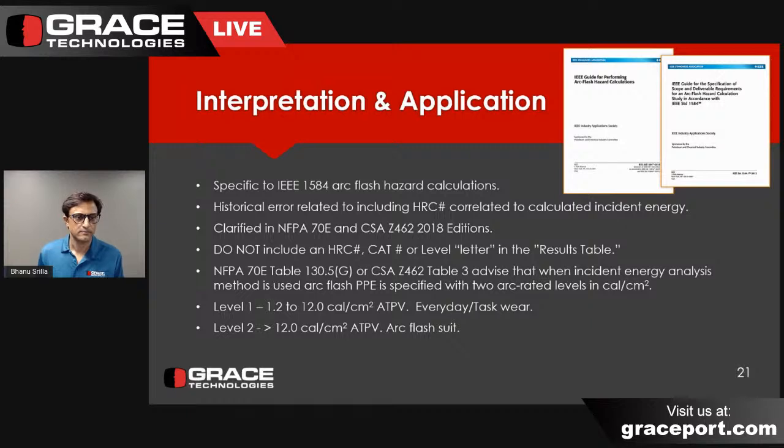And just as a note, what happened is we clarified that in 70E and Z462 with the inclusion of table 130.5(G), and in Z462 table 3, 2 arc-rated levels of arc flash PPE to be used when you have incident energy analysis. All right, level 1, 1.2 to 12, and level 2 greater than 12. All right, and arc flash suits are available up to 140 calories per centimeter squared ATPV. Next slide, Bhanu.